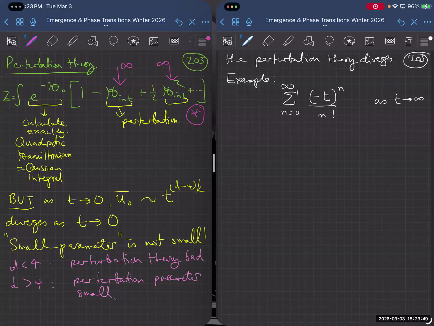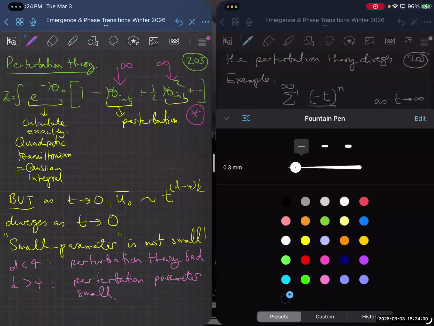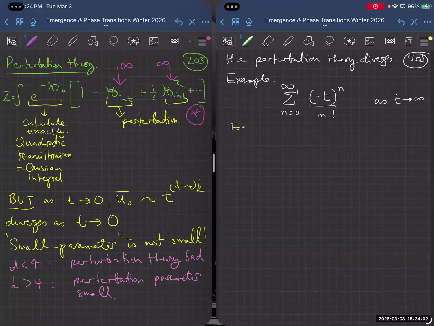Agreed? As t goes to infinity, each term diverges. But what does the whole thing do when I sum it? Each term diverges, but question: does the sum itself diverge?